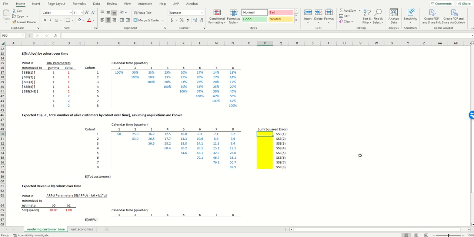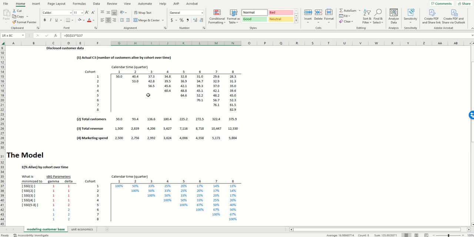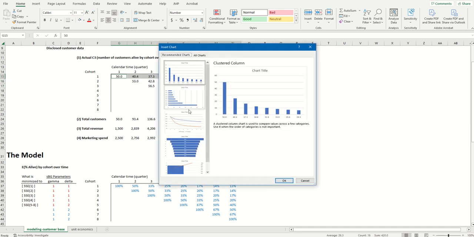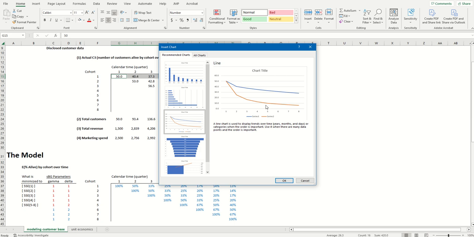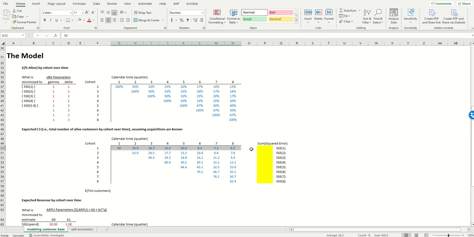Then the sum of the squared error. Basically the way that we're going to estimate the parameters is by making the expected trajectory of customers alive over time and the actual number of customers that are alive over time as close as possible. So we want the orange line to be right on top of the blue line. That's essentially what we're going to do.